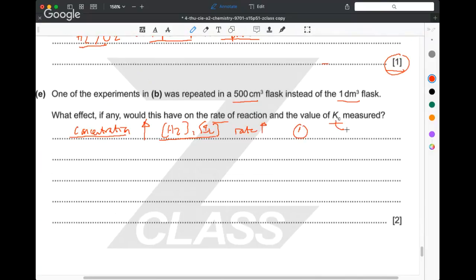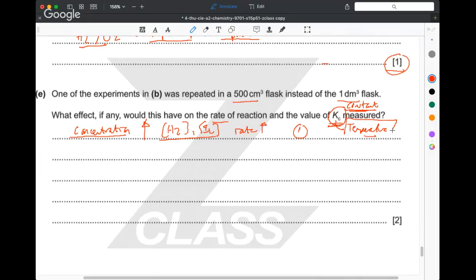But Kc is only affected by temperature. The temperature will change the value of Kc. Otherwise, Kc is a constant. It's not changed by anything. So, you know, it's called a constant for a reason. And things like pressure or concentration don't change the value of the constant, Kc.